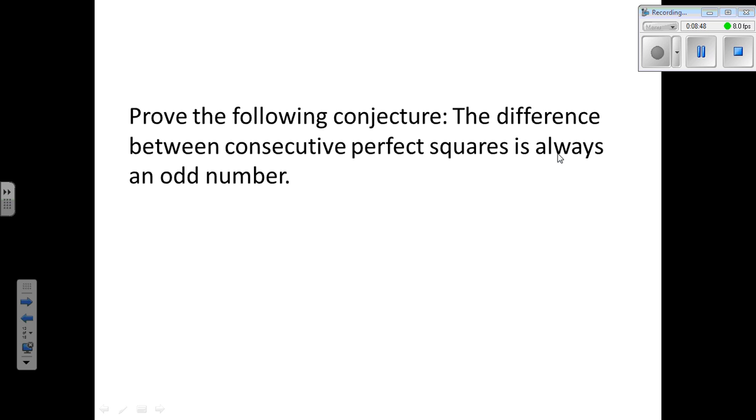Alright, so let's prove the following conjecture. The difference between consecutive perfect squares is always an odd number. Well, first, let's try a couple. So, consecutive, meaning in a row. Perfect squares, so that would be like 2 times 2. That equals 4. So 4 is a perfect square number. It would be 8 times 8. That kind of thing.